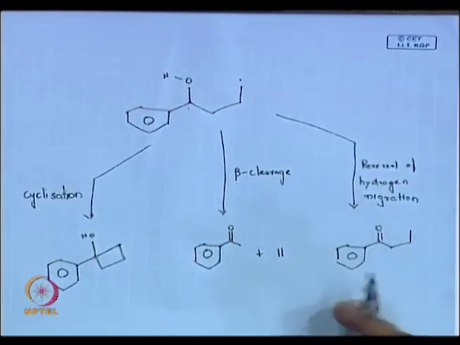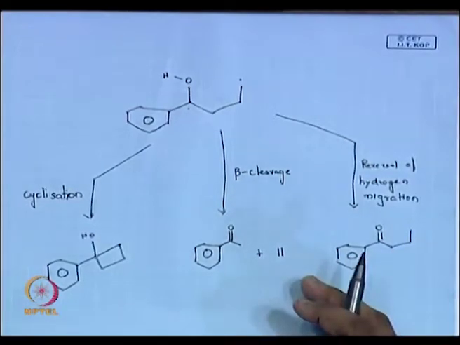If it is a chiral carbon, then the stereochemistry will be changed when it is a reversal of hydrogen. When I take an R optically active, I end up with a racemic.